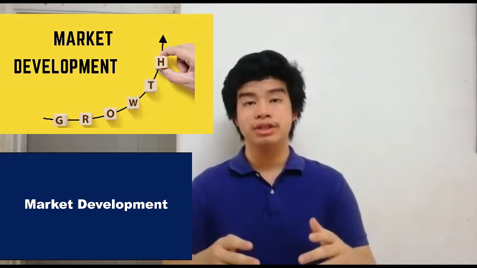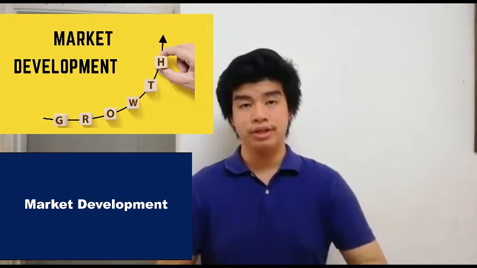Then again, let's now look at the market development for American College in the Grand Strategy Matrix. It is very important for American College to know that market development helps in being unique, so that American College can be very famous and also be able to compete with the other competitors in the educational organization.